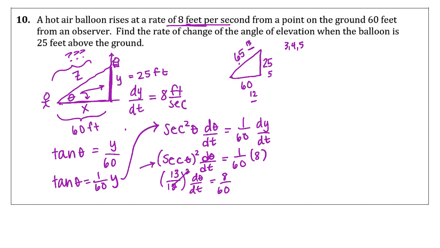I'm going to mark that out and put it over here. Squaring it gives 144 over 169. When we go through all the reducing process, we should get 96 over 845. And the units here, if it's the angle changing, it's going to be radians per second.